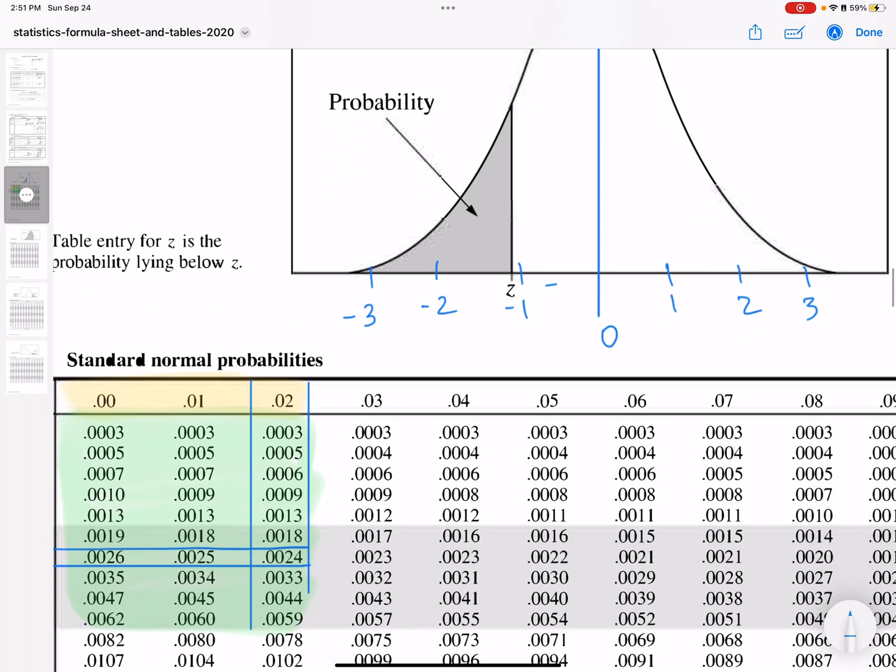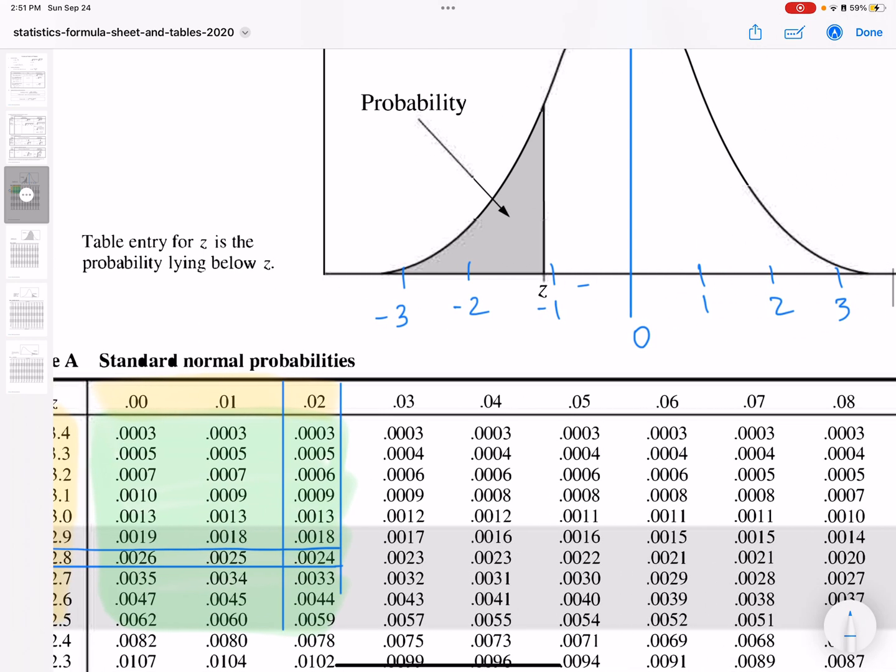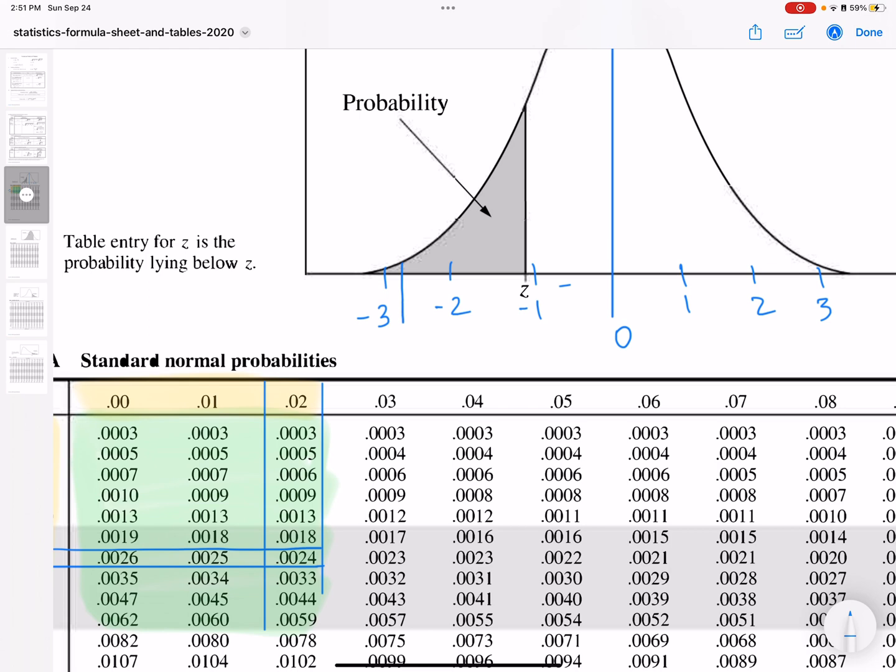So let's look at a z-score of negative 2.82. That's really far out here, right? That's like right here. And then this blue area that I shaded corresponds to this number here, 0.0224. Move the decimal over, and it's 2.24%.